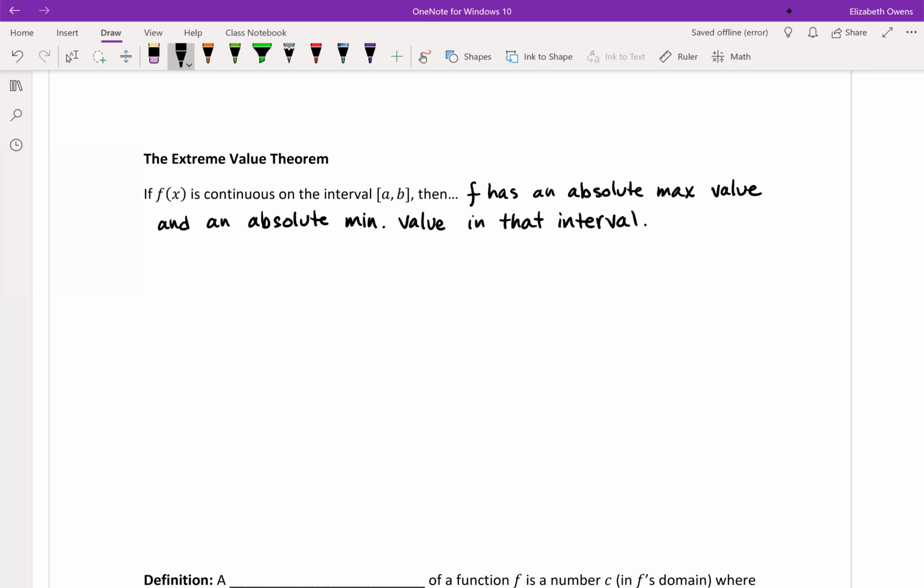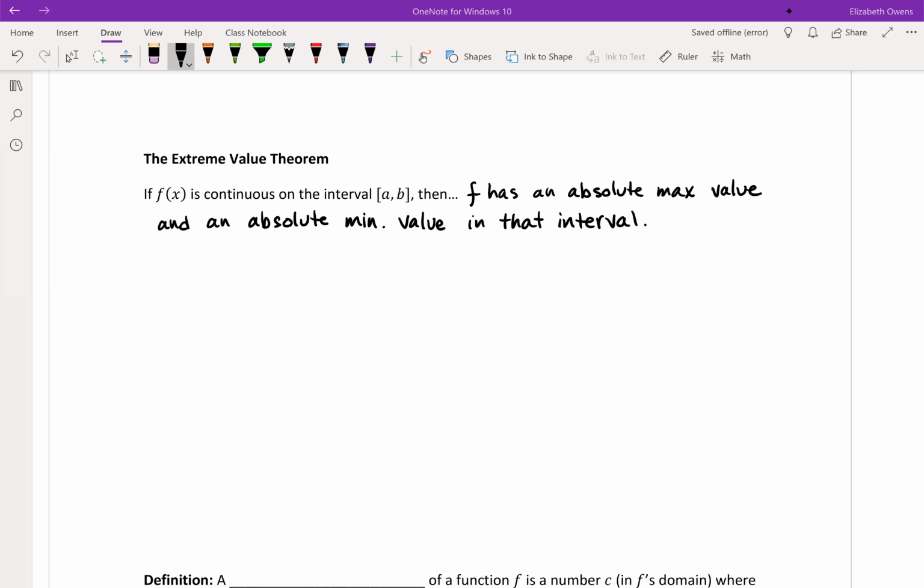Okay, so this actually goes back to the question that someone asked in the chat while we were on our little break between videos there, as to whether every problem was going to have both absolute and local maximums and minimums.